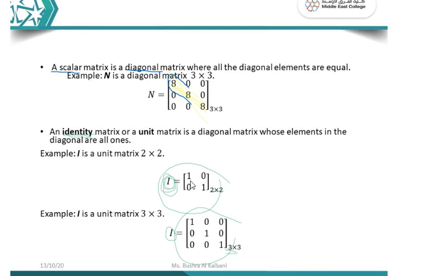Now if the elements on the diagonal are 1, 1, 1, we call it the identity matrix. It is a diagonal, also scalar, but the numbers here should be the same, which is 1, 1, 1. Also here 1, 1, 1. We call this the identity matrix.